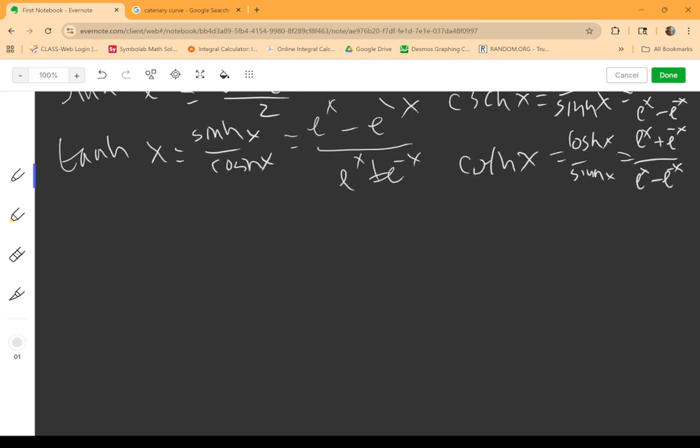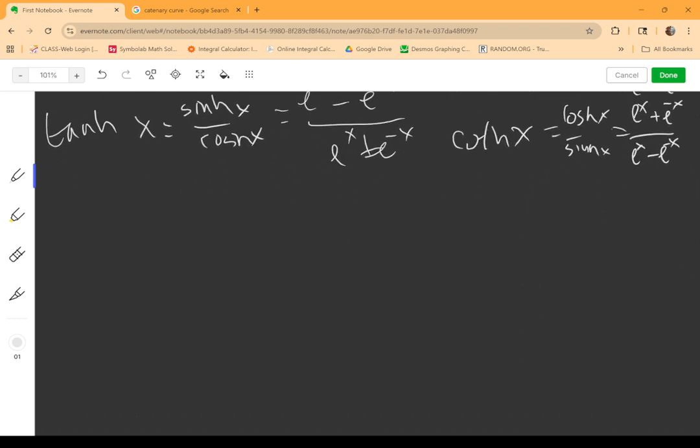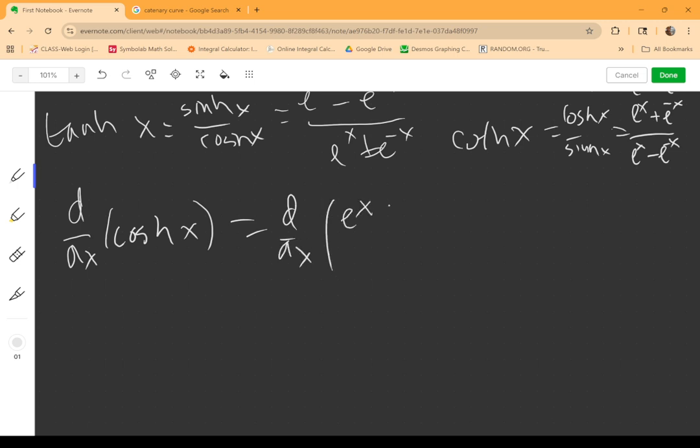So let's take, for example, the derivative of the hyperbolic cosine of x, which is the derivative of the definition of the hyperbolic cosine. Using the sum rule, and since the divide by 2 is a constant, you can just rewrite it with that in there.